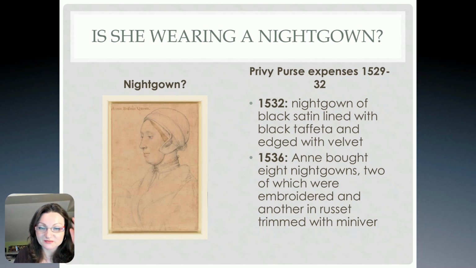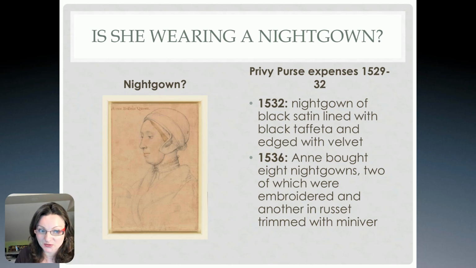Now, another question that I would like to address here is: is Anne Boleyn wearing a nightgown in this sketch? A lot of historians believe that this informal attire is a nightgown. And in fact, Anne Boleyn did own several nightgowns. Privy Purse expenses for the years 1529 to 1532 give us some clue about what those nightgowns could have looked like.